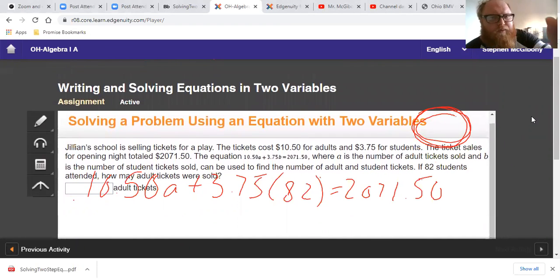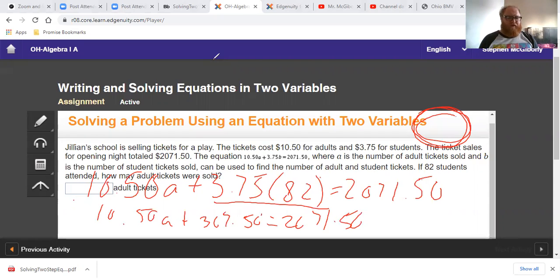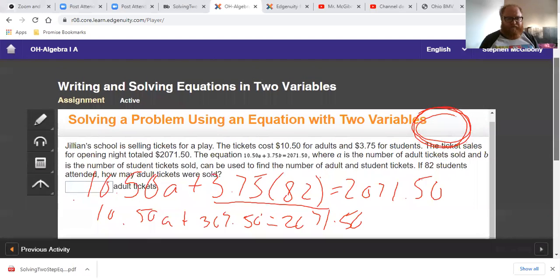Okay, so what we want to do is multiply 3.75 times 82. That's 307.5, so 10.50A plus 307.5 equals 2,071.50. So we're going to subtract 307.50 from each side.